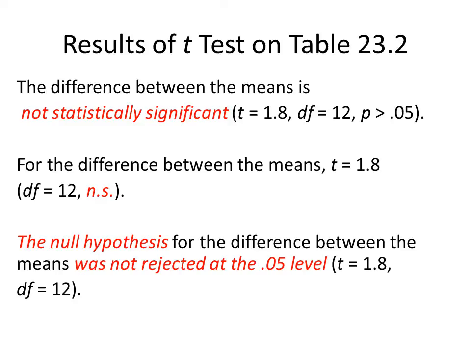Now, this last sentence is probably the most accurate. The null hypothesis for the difference between the means was not rejected at the 0.05 level. So you'll see variations if you're reading journal articles, theses, or dissertations.